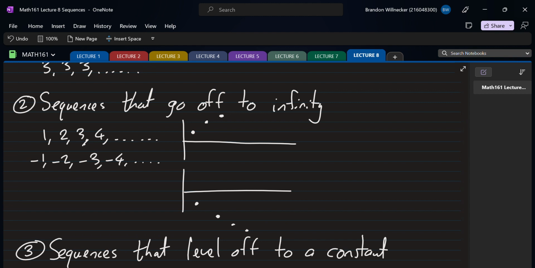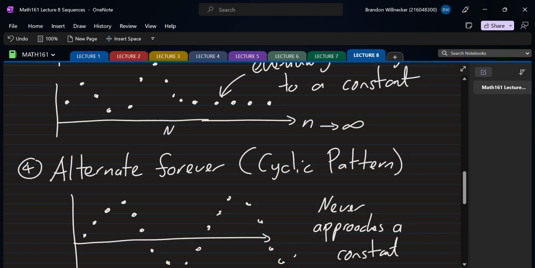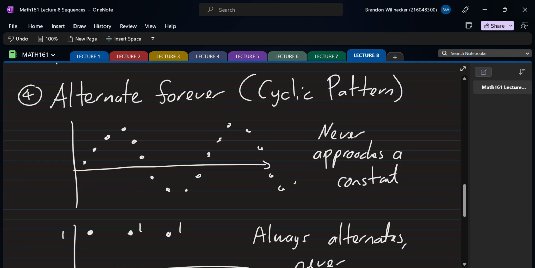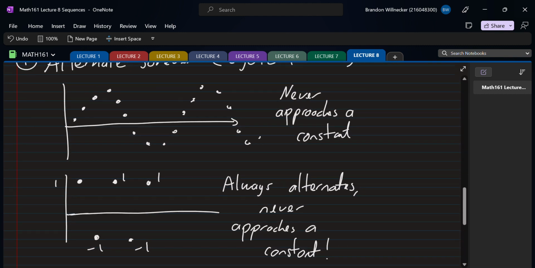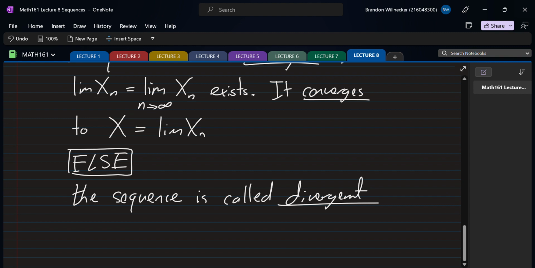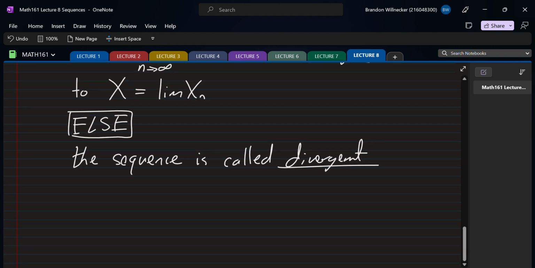It is true that sequences that go off to infinity are divergent, but it's also the case that alternating sequences are also called divergent. Even though these alternating sequences don't go off to infinity, the fact that they don't converge means that they are divergent. So divergent is not only going off to infinity, it also includes the alternating sequences.